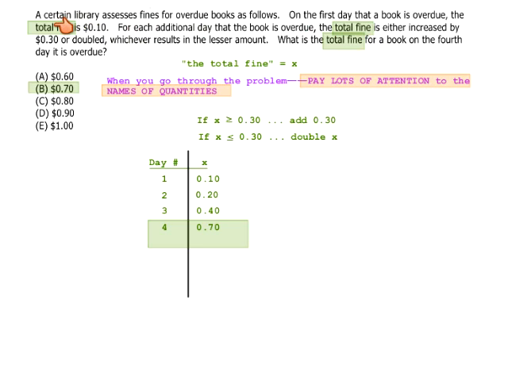On the first day, X is 10 cents. Then for each day, you either double X or you add 30 cents, whichever one would be less. So here, doubling it is going to be less. And then here, doubling it is still less. So the double of day 2 would be 40 cents, as we have here.